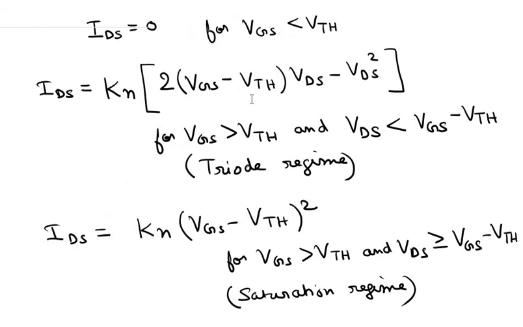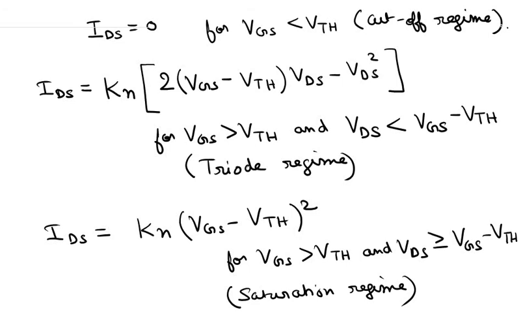Okay, so this is the current voltage relation of the MOSFET, and we have three regimes for the MOSFET. One is VGS less than VTH, and this regime is known as the cutoff regime, similar to a BJT. The cutoff regime in a BJT is the regime where the base to emitter voltage is lower than the cut-in voltage of the base to emitter diode. In the MOSFET also, the cutoff regime is the regime where the gate to source voltage is less than the threshold voltage.